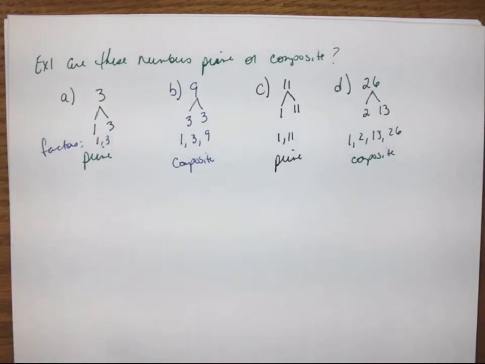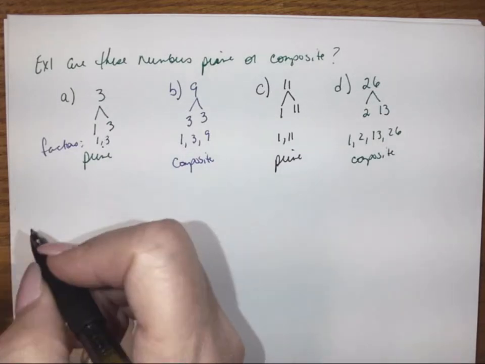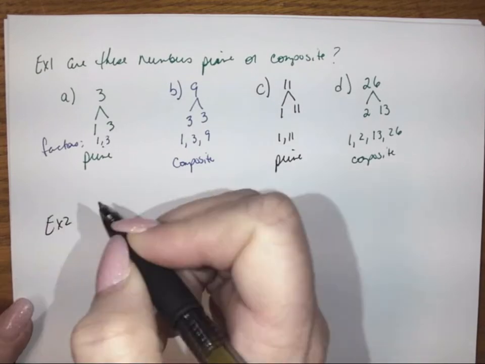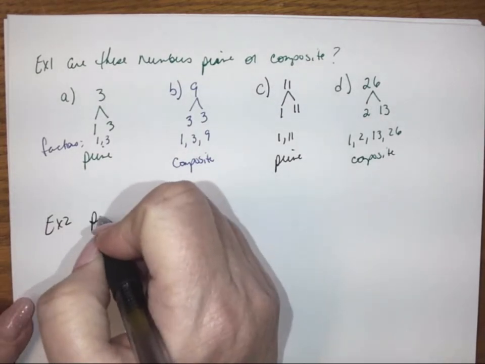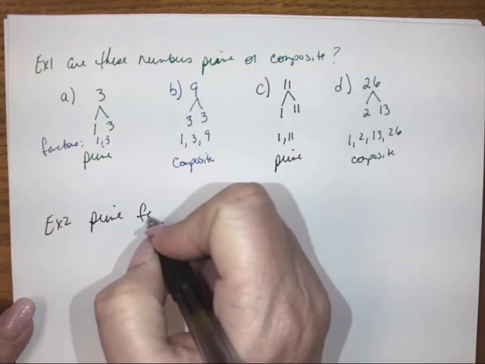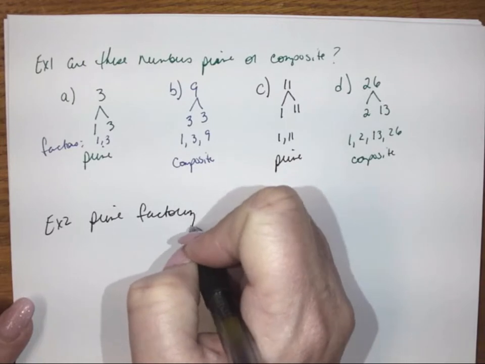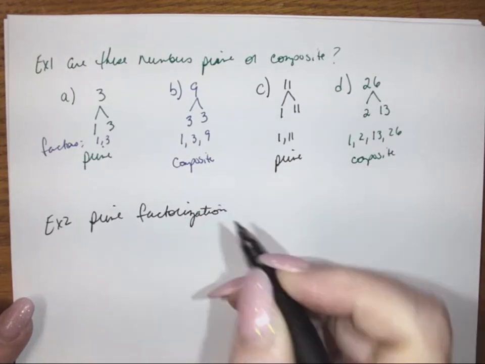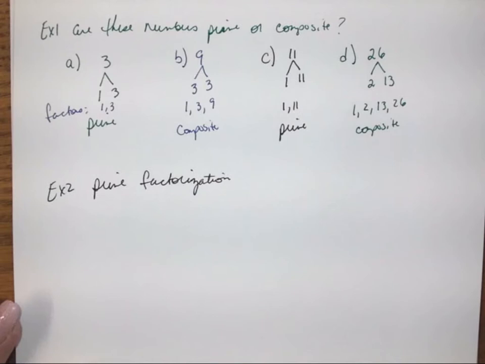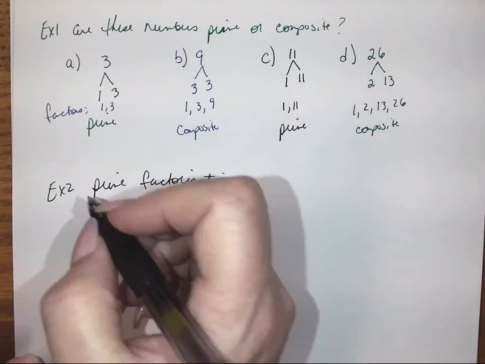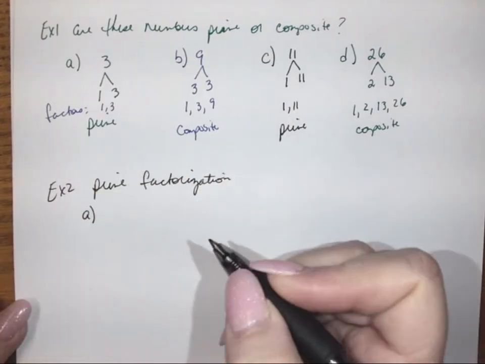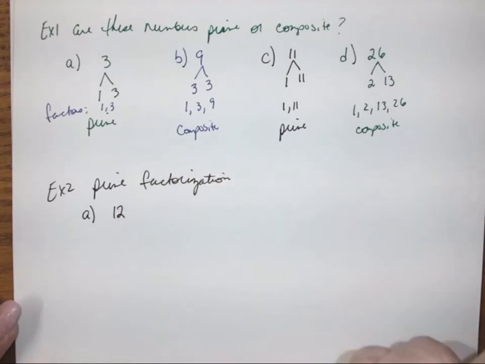All right, so let's go look at some prime factorization. So this will be example 2. We're doing the prime factorization of some examples. For the first one, part A, the number is 12.